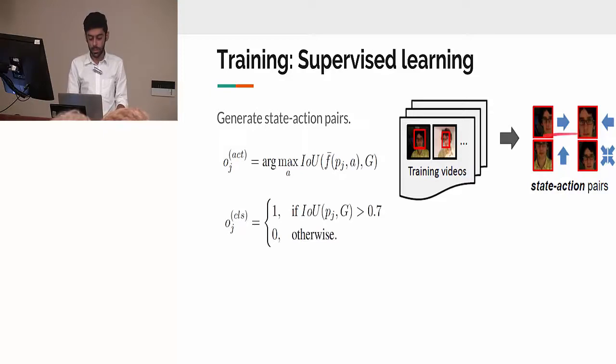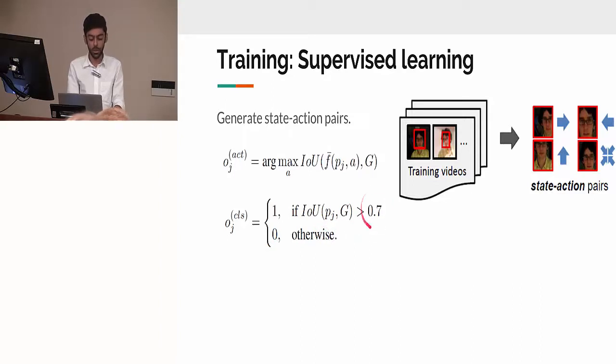And this is how the pairs are basically the actions, and the classification, whether it's object or background, is taken into account. So actions, as I mentioned, is taken based on the intersection over union with the ground truth, and the classification is also based on the intersection over union with the ground truth.